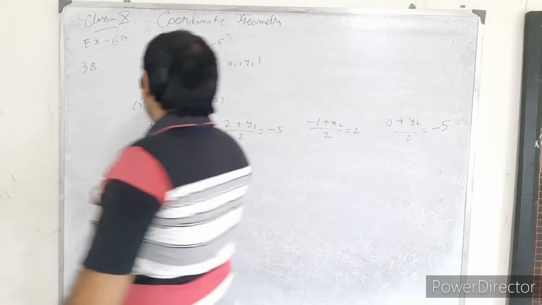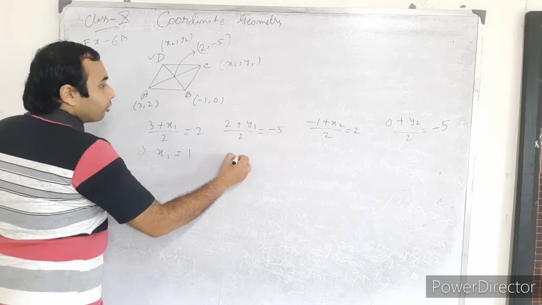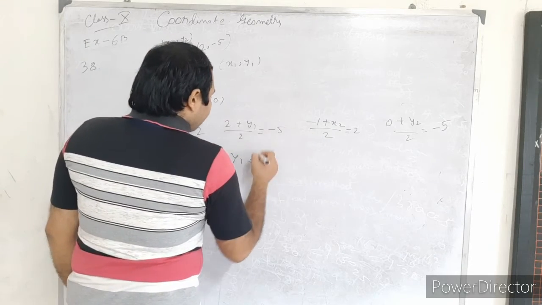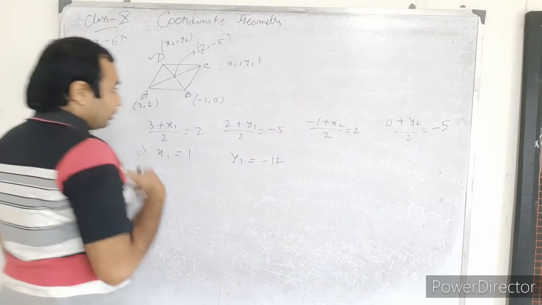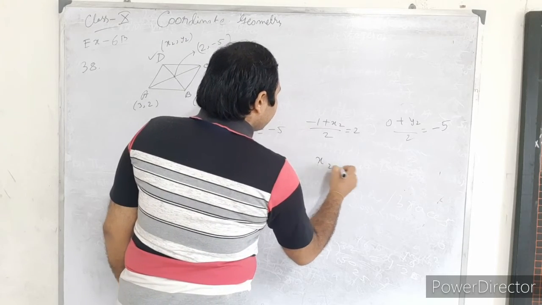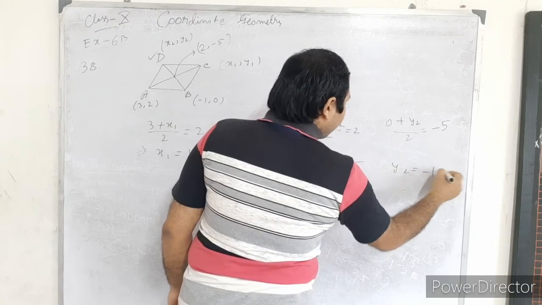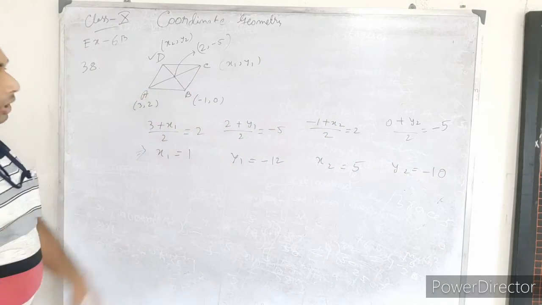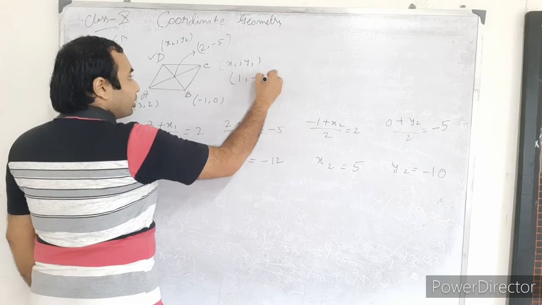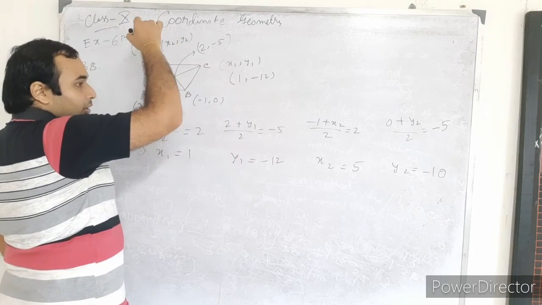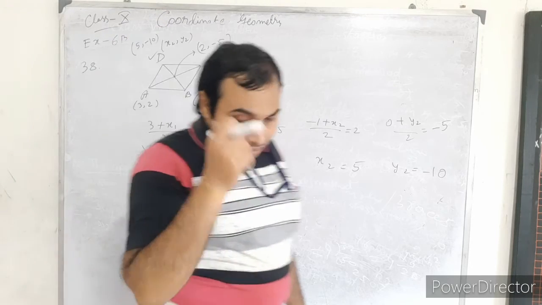From here if you calculate, you will get x1 equals 1, y1 equals minus 12, x2 equals 5 and y2 equals minus 10. So the other two vertices are (1, -12) and (5, -10). This is the result.